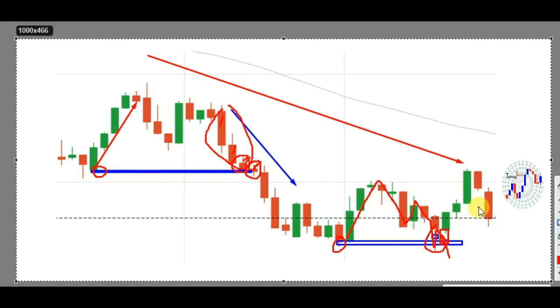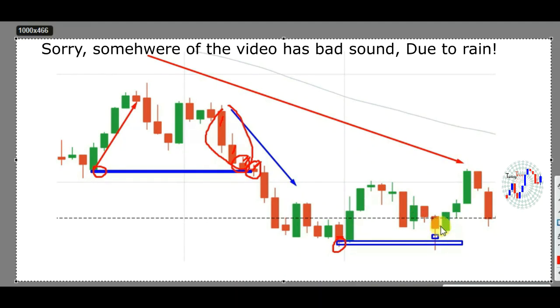Maybe 10 to 15% of the time you will face this kind of situation, but at least 80% of the time you will win your trade after this situation. So this rejection does not mean that it's buyer's pressure. It's seller's pressure up to this level.